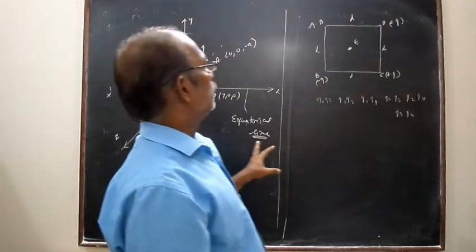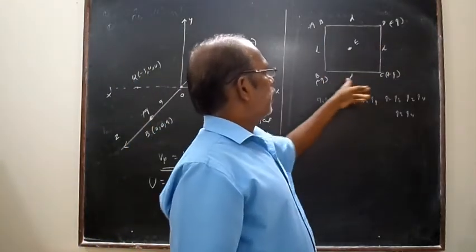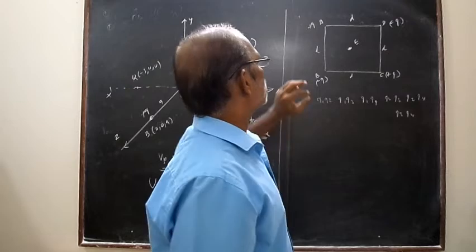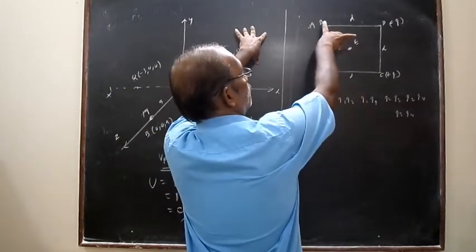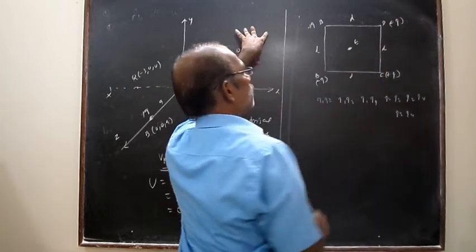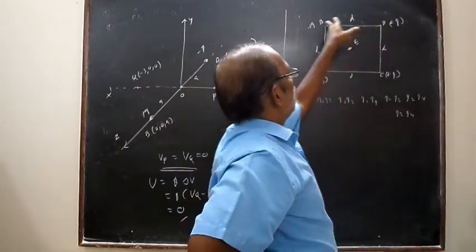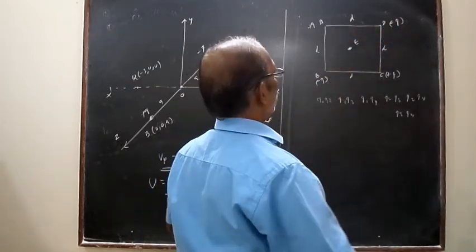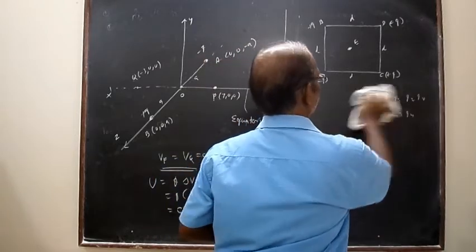And the next question: in a square lamina of side D units, 4 charges plus Q, minus Q, plus Q, minus Q are kept at the corners of a square ABCD.